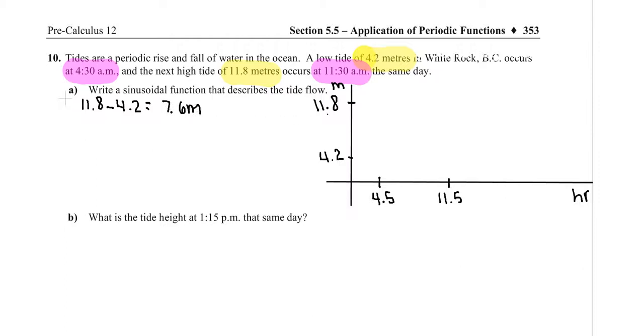So that is the difference here. To find the amplitude, we can divide that by 2, and then we get the value of 3.8. So 3.8 is our amplitude. So we already have A. This is 3.8. So now let's plot the points that we have.